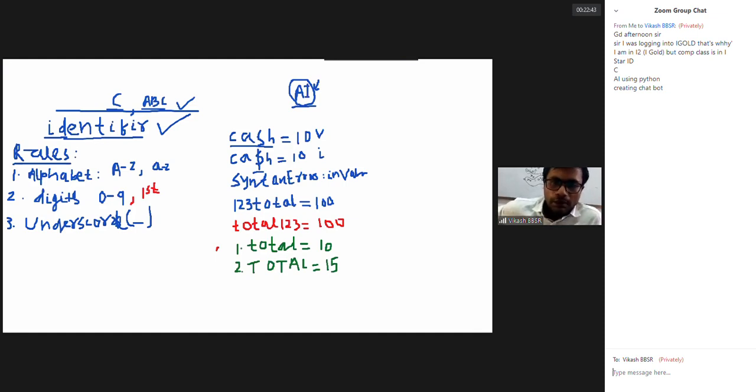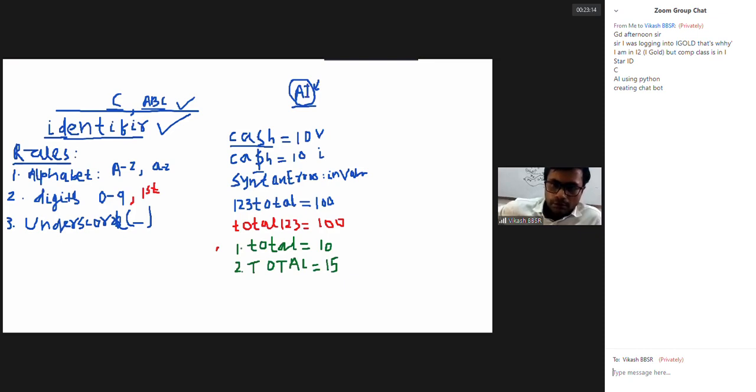Both are valid because the alphabets are allowed, whether uppercase or lowercase. Here one is written uppercase, one is written lowercase. As it satisfies the condition, it is valid.